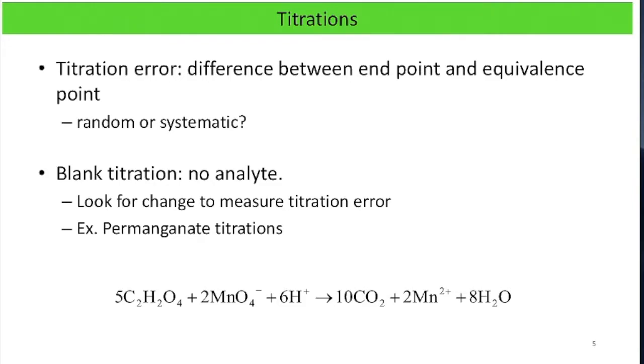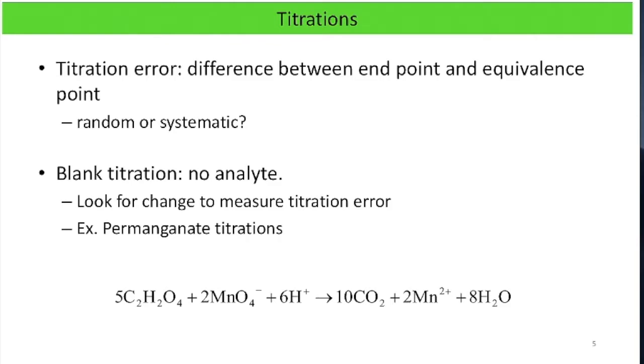Remember that a systematic error is something that we can find and correct, whereas a random error is something that we can't find and we would have to use statistics in order to take into account those types of errors. So it turns out that a titration error is a systematic error. It's something we can find and fix. So if we were to take a solution without the analyte and add the indicator to it, you have to think about what's happening during a titration to that indicator.